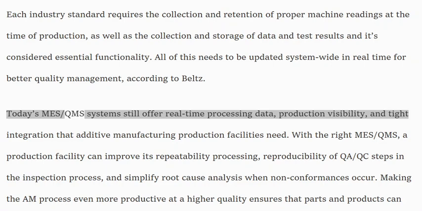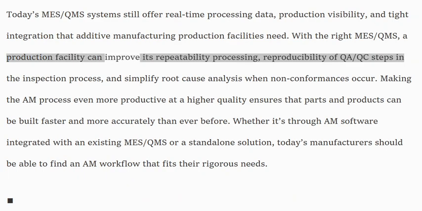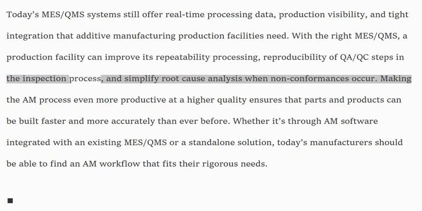Today's MES QMS systems still offer real-time processing data, production visibility, and tight integration that additive manufacturing production facilities need. With the right MES QMS, a production facility can improve its repeatability processing, reproducibility of QA/QC steps in the inspection process, and simplify root cause analysis when non-conformances occur.